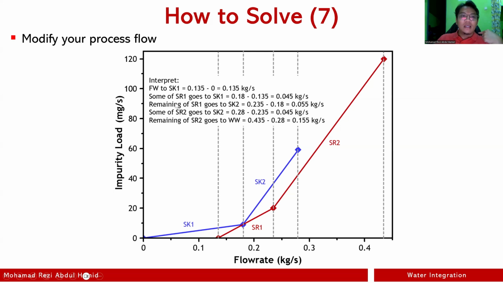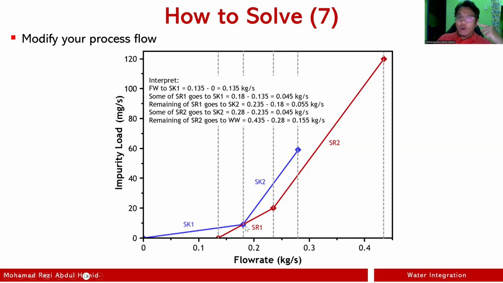So basically, some of SR1, because SR1 is from here to here, right? So from here to here is some of it. Some of SR1 goes to, what is the plot? What's this blue line here? It belongs to SK1. So some of SR1 goes to SK1. So 0.18 minus 0.135, I get 0.045 kilogram per second of SR1 going to SK1.